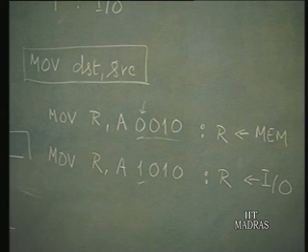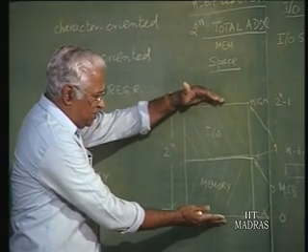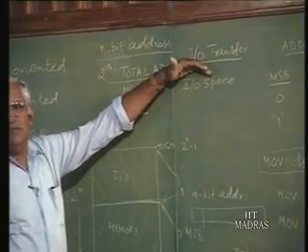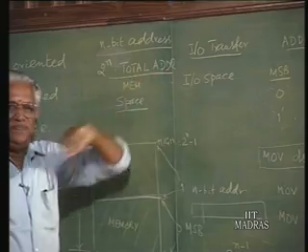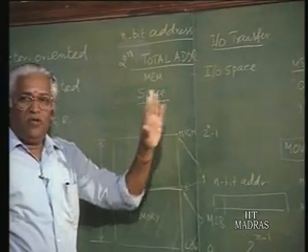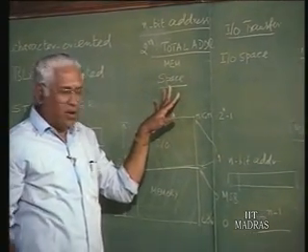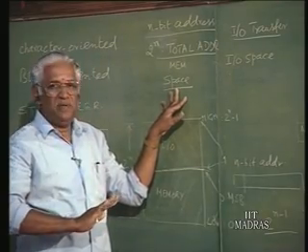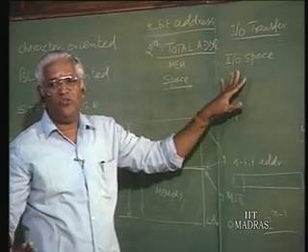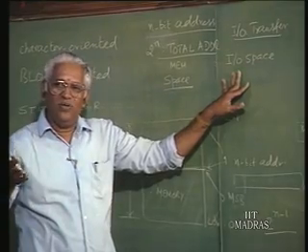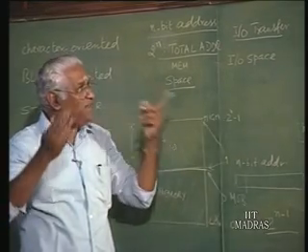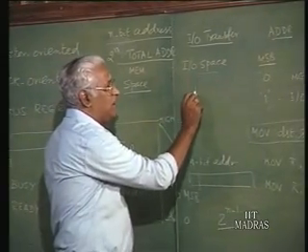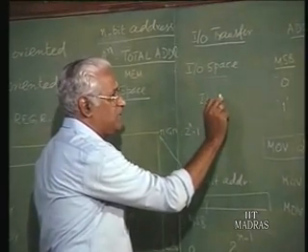Otherwise what happens? If I use this entire address space for memory, then I need another set of addresses for IO, right, because you will be having one address, let us say 0010, which will point to memory, and the same address 0010 which points to IO. Then how do I distinguish? The only way I can distinguish in that case is to have separate IO instruction.